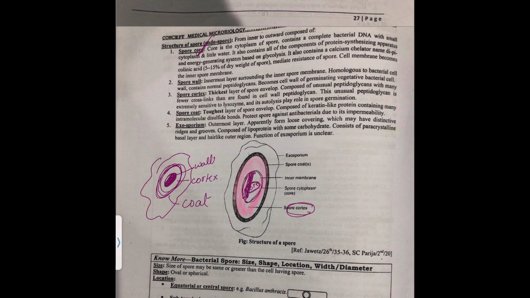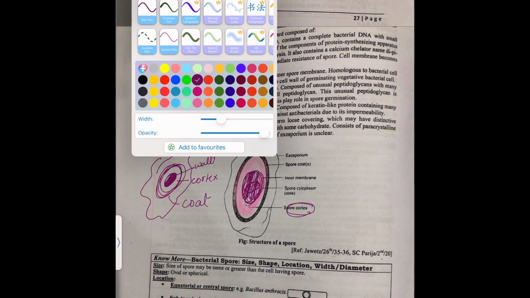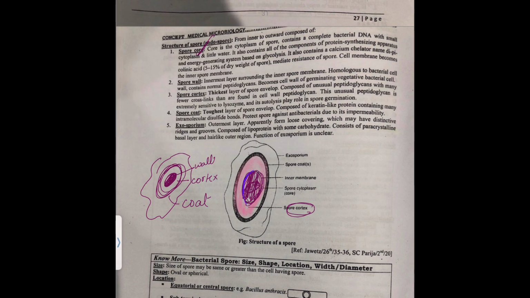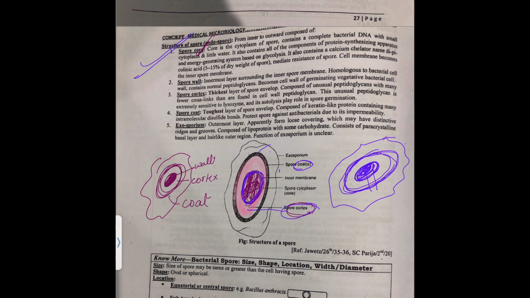If this is the core, this is the wall, this pink structure is the cortex, this black thing is the coat, and lastly you'll find exosporium. These are the structures of the spore.